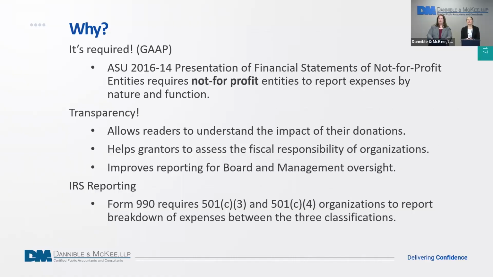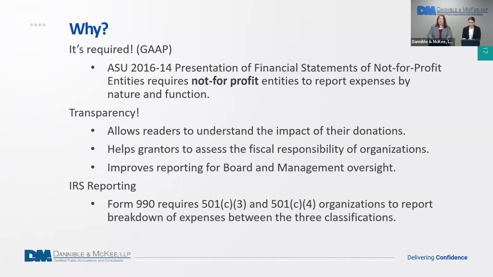Okay, now we're going to answer the question of why. So why are we doing this? It's required by generally accepted accounting principles. ASU 2016-14, Presentation of Financial Statements of Nonprofit Entities, requires not-for-profit entities to report expenses by nature and function. And as Angela mentioned a couple of times when she was talking, it's about transparency.